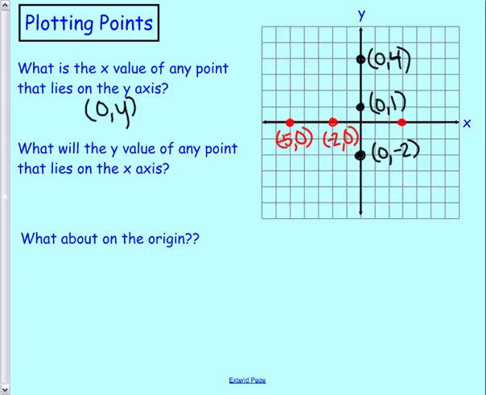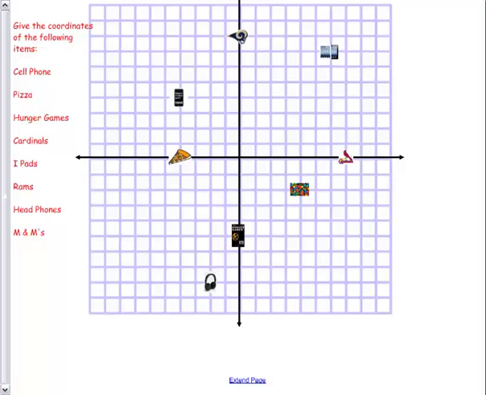And this one would be a +3, 0. So it's always the x and then 0 for the y. What about the point of origin? It's always 0, 0. So make sure that you go back and double check, triple check yourself on your notes, and then I want you to try these for me.